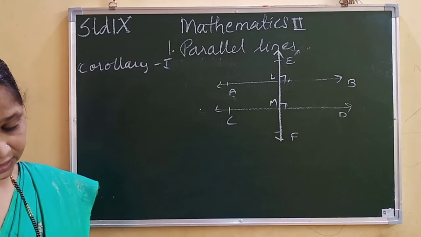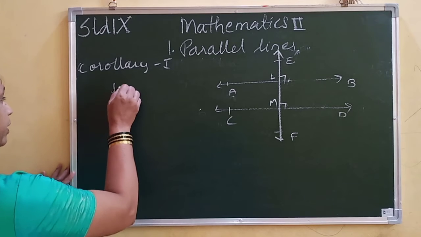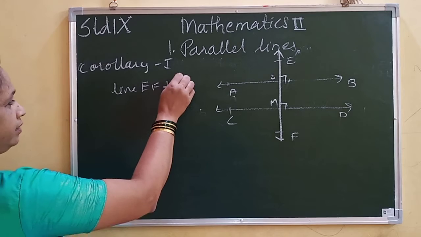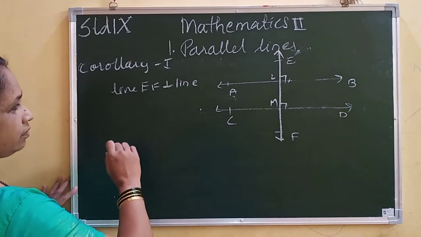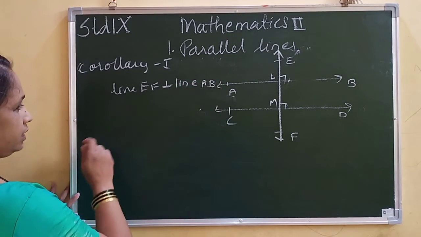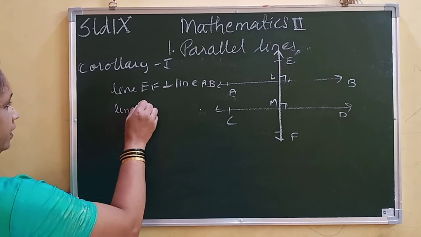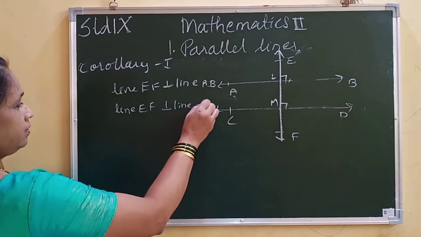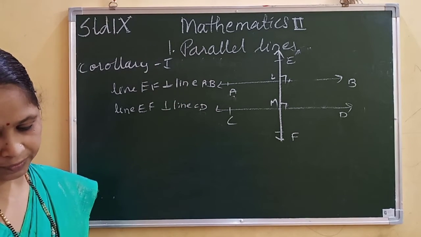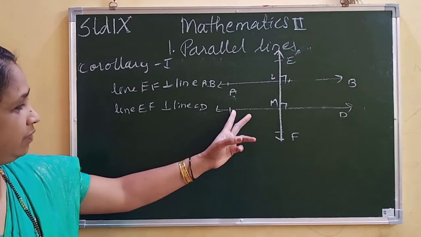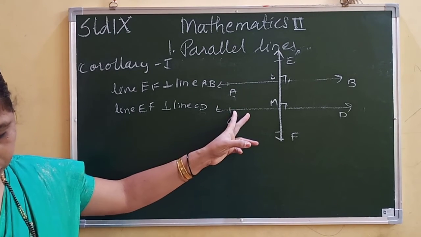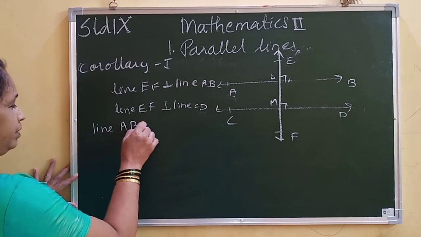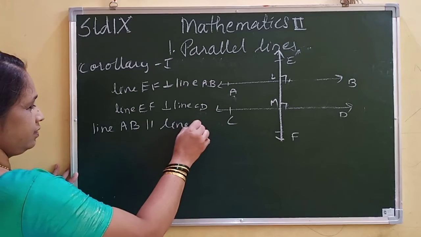So our line EF is perpendicular to line AB, and same way, line EF is perpendicular to line CD. So what we have to prove is that line AB is parallel to line CD.